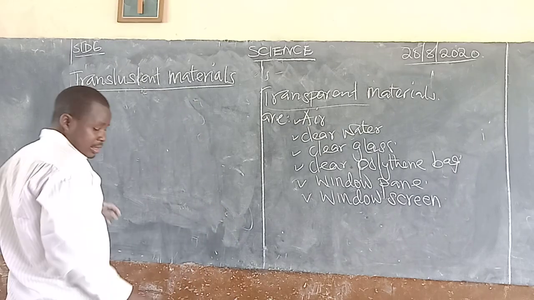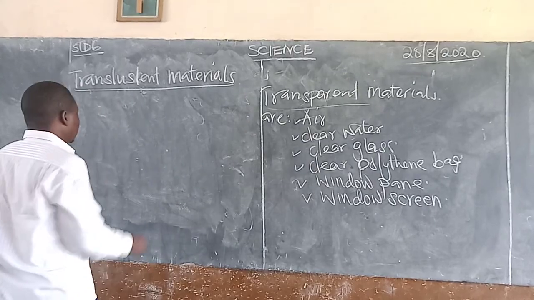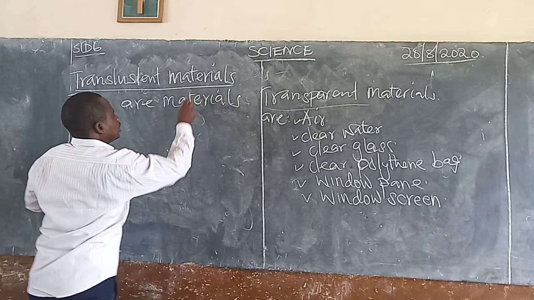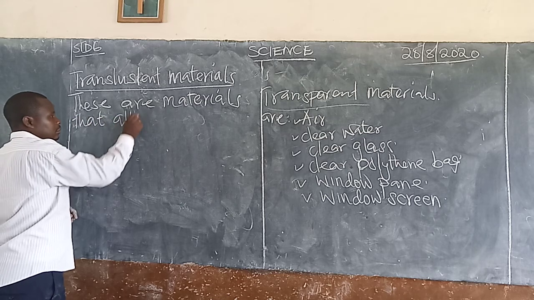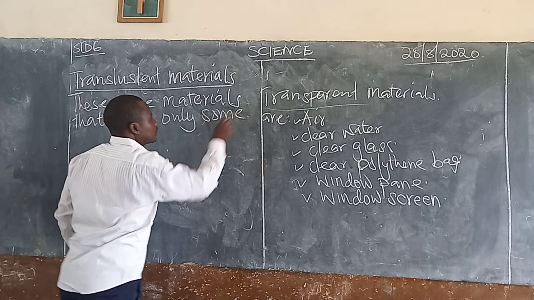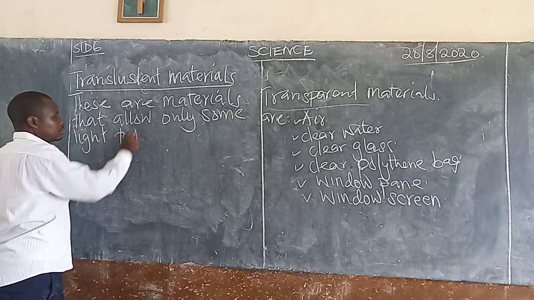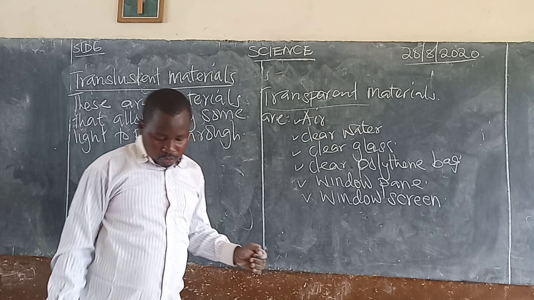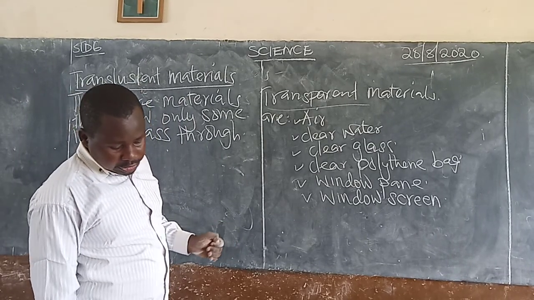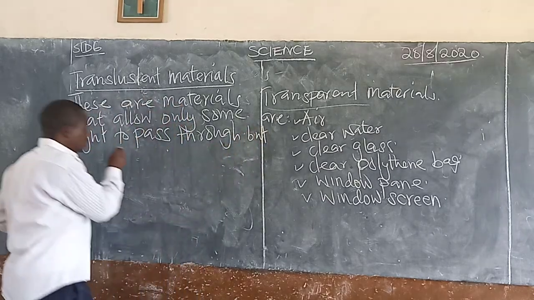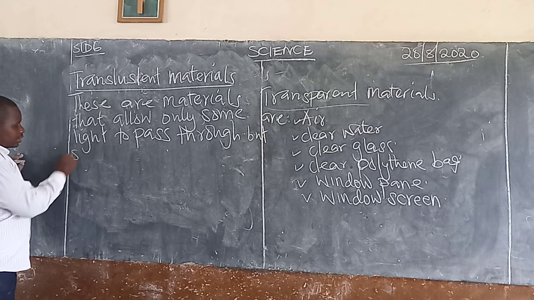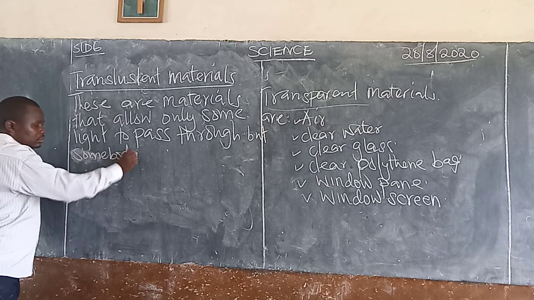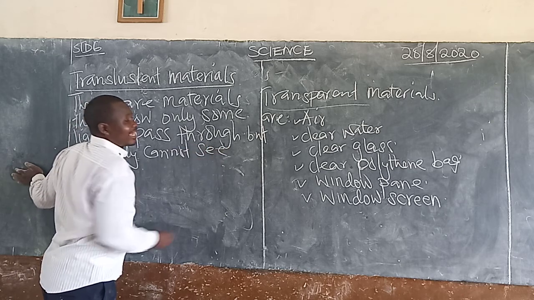Here, I said that these are materials that allow only some light to pass through them, but one cannot see clearly.